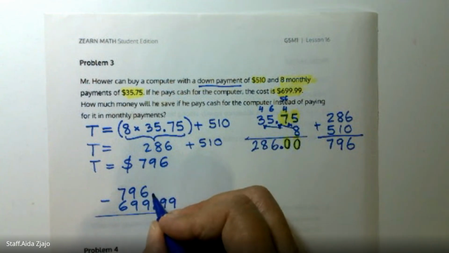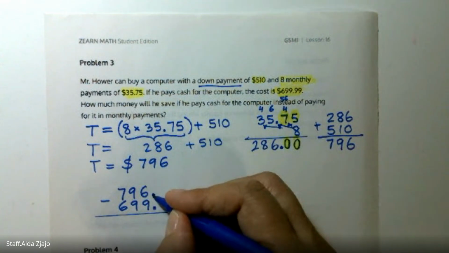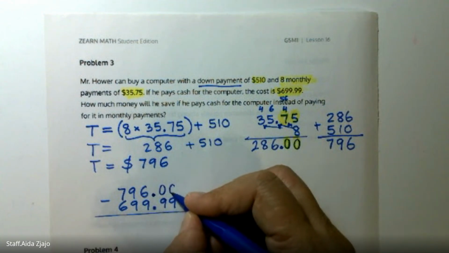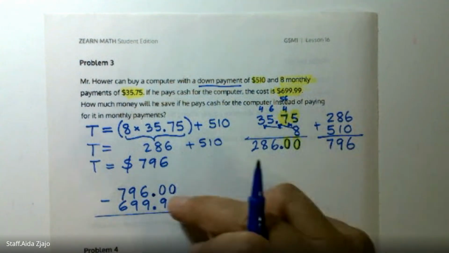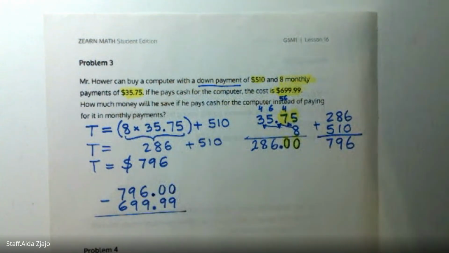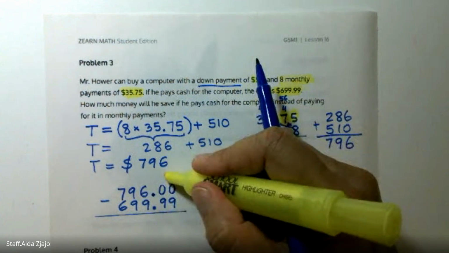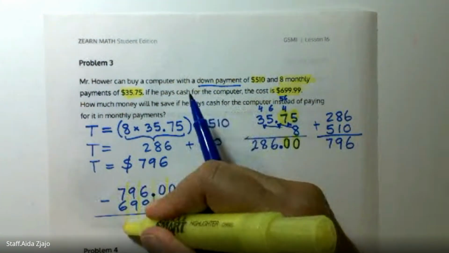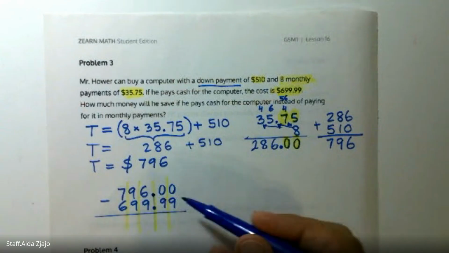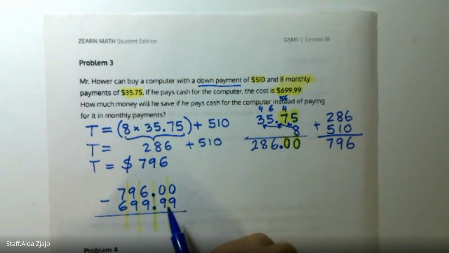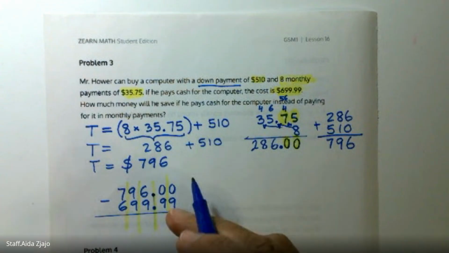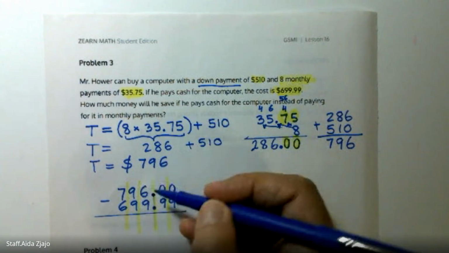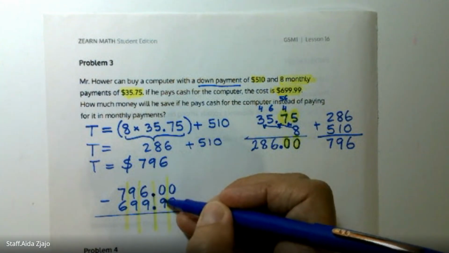So $796 could be written as a decimal by adding a decimal point and putting 0 for the dimes and pennies. So the total money that he needed to pay did not have any change, but now he needs to give 9 pennies. So he doesn't have any pennies or dimes.